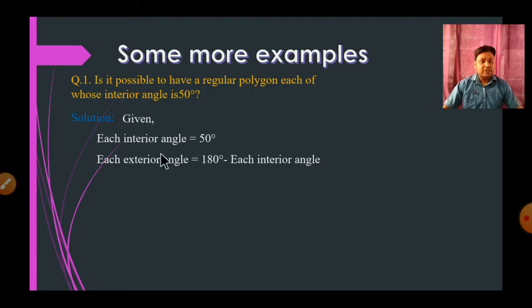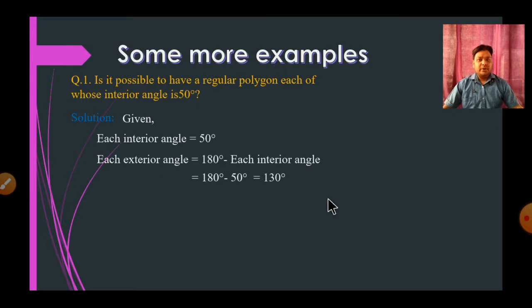At first we will find the exterior angle, then we will see whether the number of sides is possible or not. So 180 degrees minus 50 degrees is surely 130 degrees. So we got the exterior angle, which is 130 degrees.